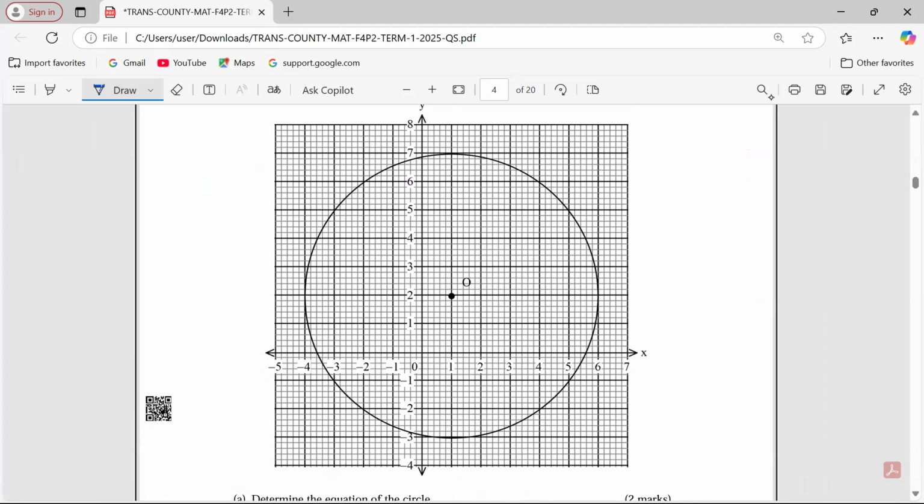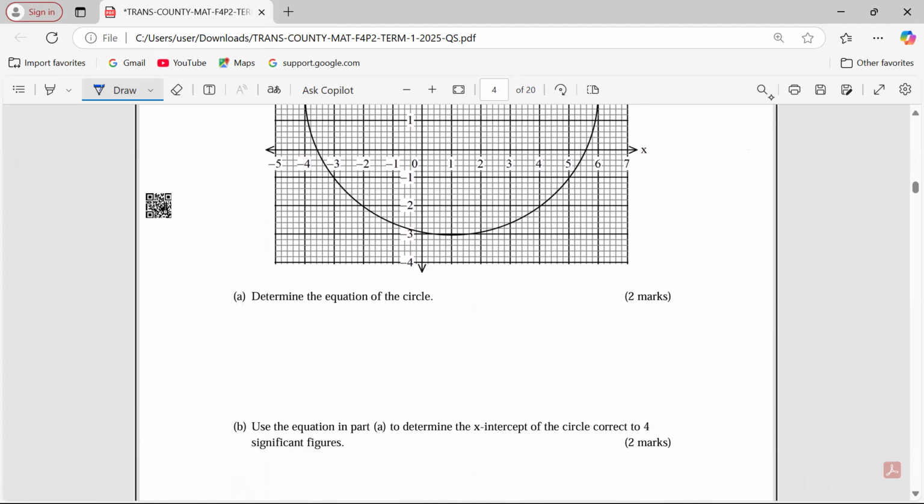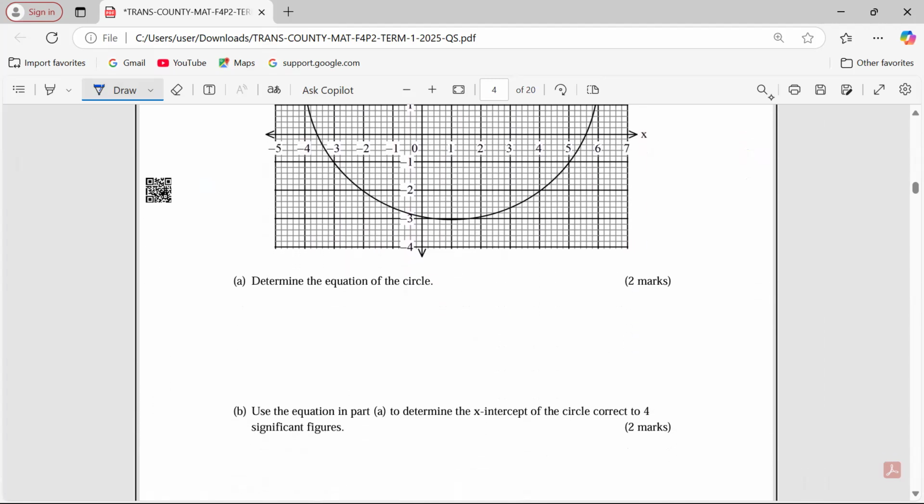Then after we have seen this circle, what are we told to do? Part A, determine the equation of the circle. For us to get the equation of the circle, we need the center and the radius.